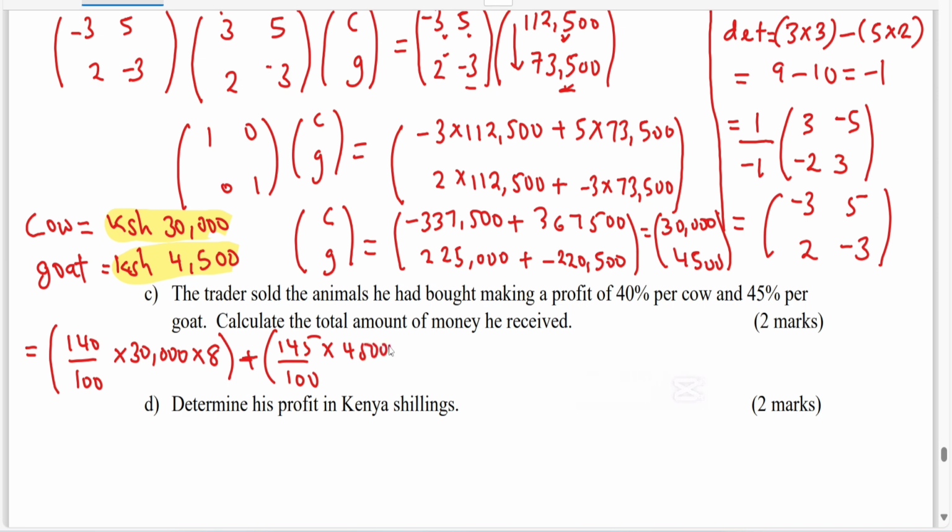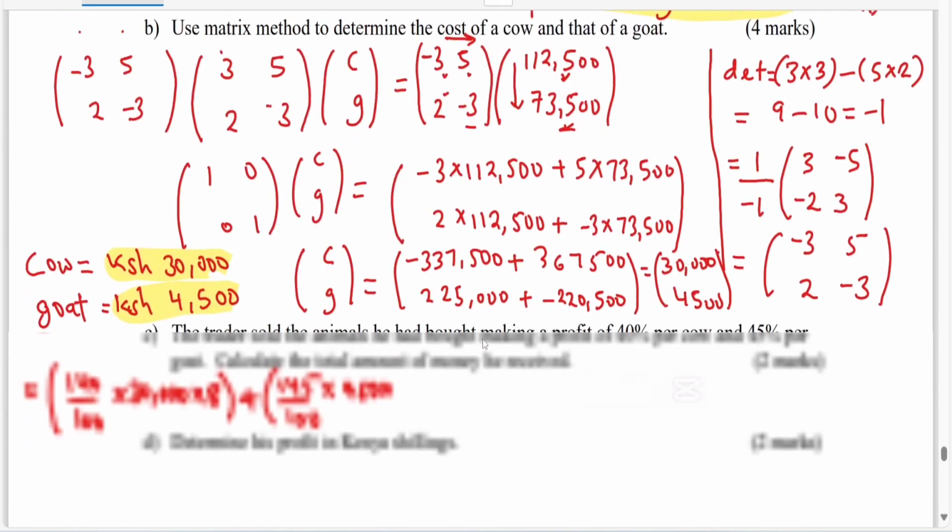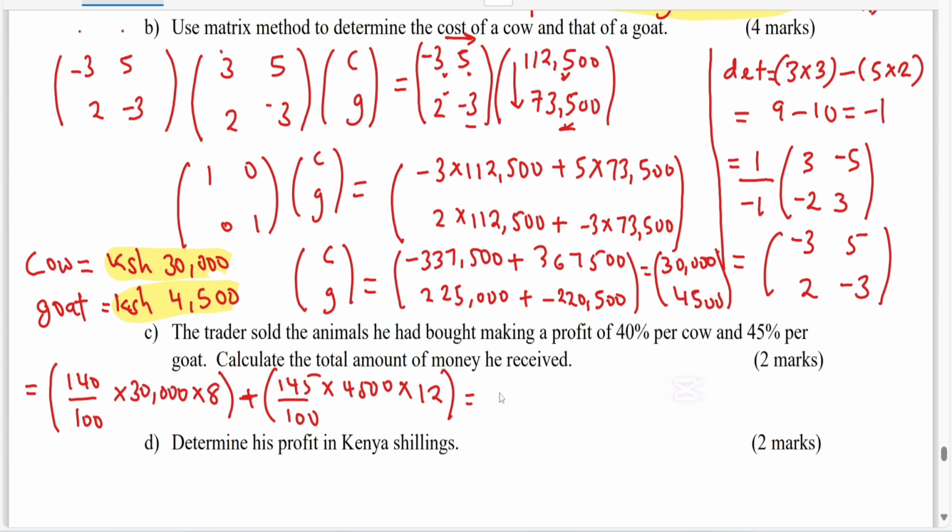4,500 multiply by the total goats, which are around 12, if I'm correct. Yep, 12 goats. So 1.4 times 30,000 times 8 gives me 336,000.